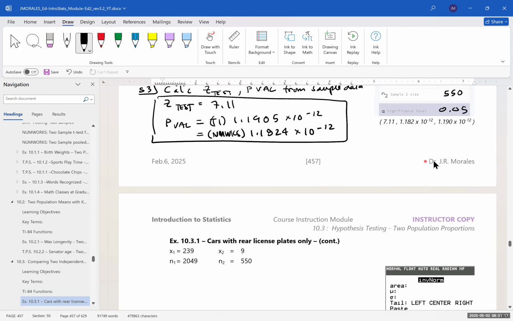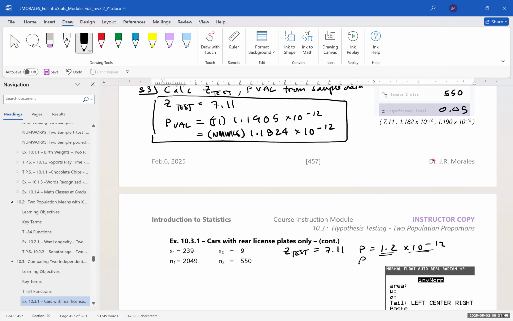Just so that I have it handy, I'm going to write down our test statistic here. And the p-value, I'm just going to round it, because it's about the same, to 1.2 times 10 to the minus 12. It's not really going to matter because of this 10 to the minus 12. Just to refresh your memory, how small is that really?